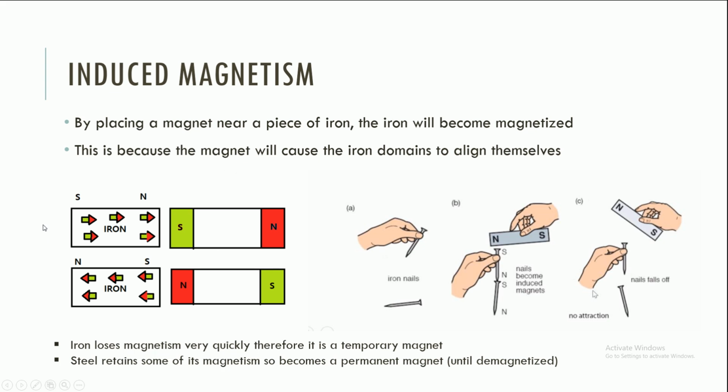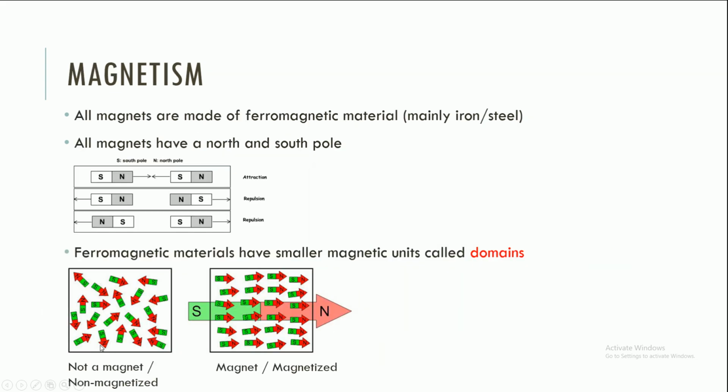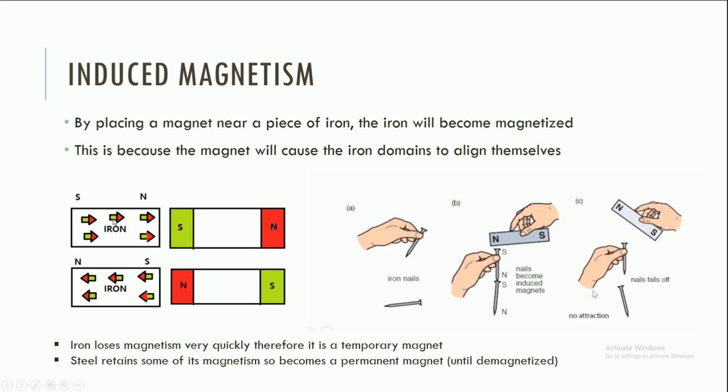Let's take a look at the diagram. In these little domains here, the green is south pole and the red is north pole, just like the diagram below here. Green south, red north, green south, red north. So you've got these little domains. Initially, of course, all the domains will be randomized, as I said, in iron, which is not a magnet, at least not quite yet.